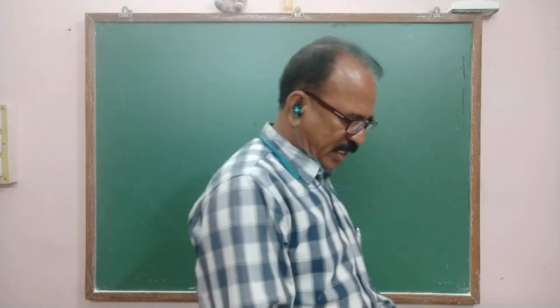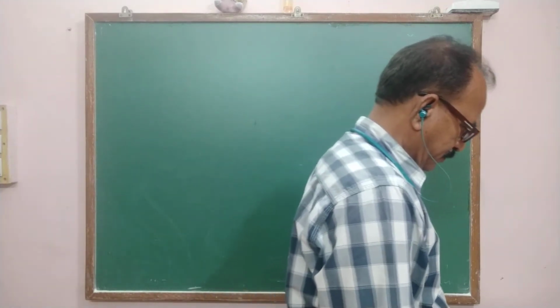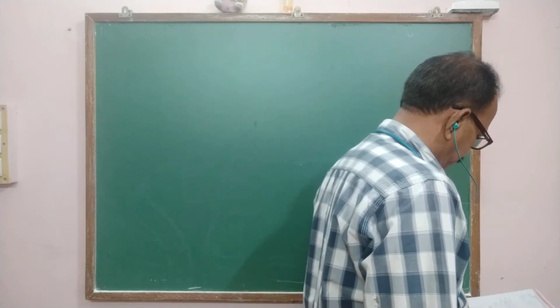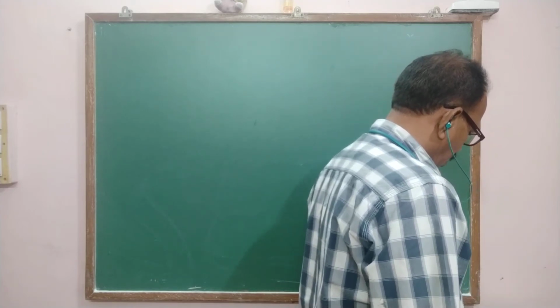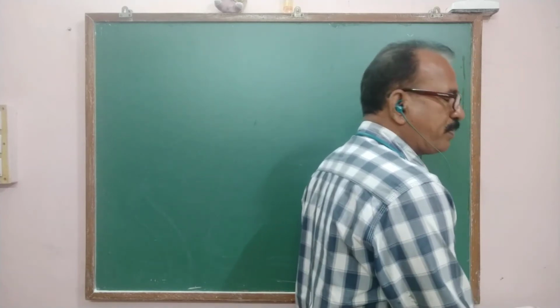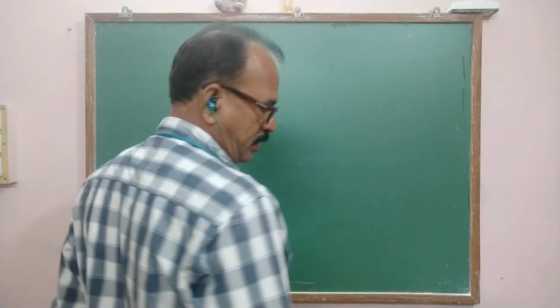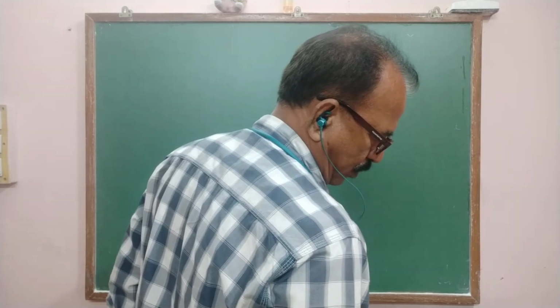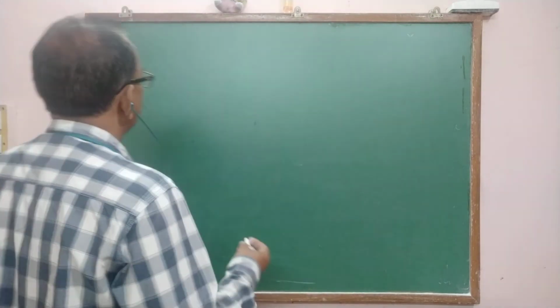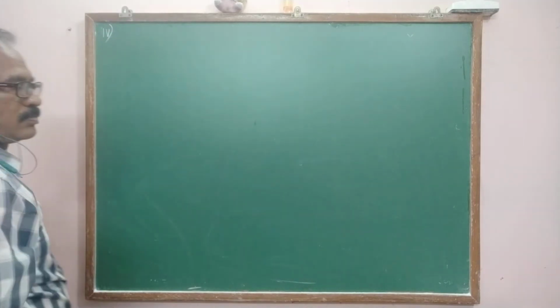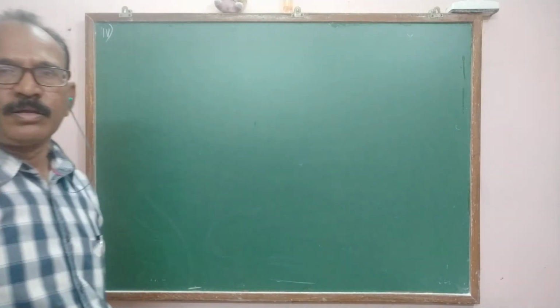A car uses a convex mirror of curvature 1.2 meter. Problem number 4.